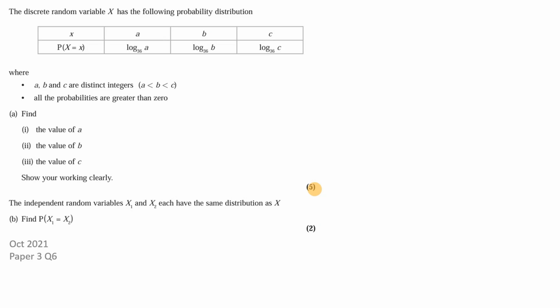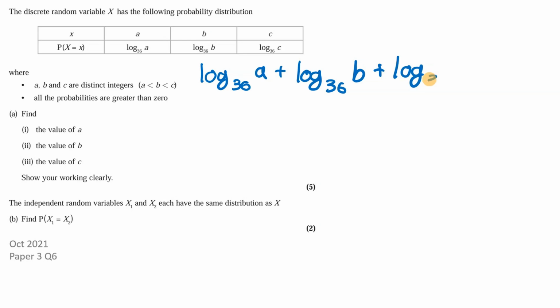Now, the key to this again is that in an event, all of the probabilities added together are equal to 1. So that means that, since these are the probabilities, log base 36 of a plus log base 36 of b plus log base 36 of c, all of these probabilities added together are equal to 1.